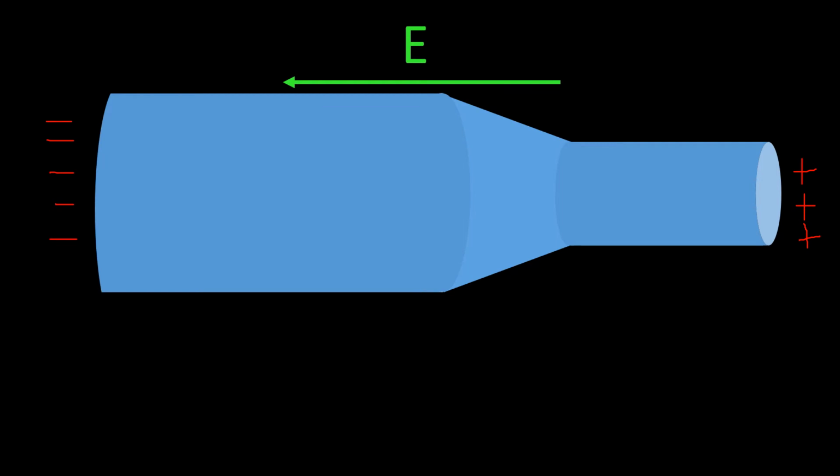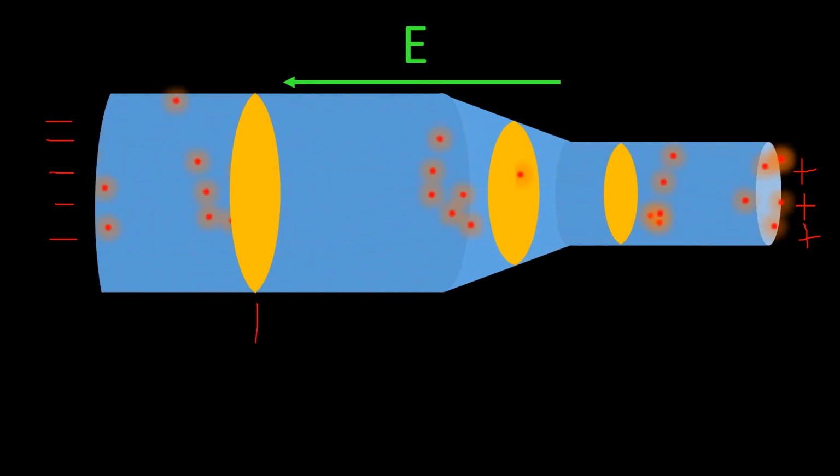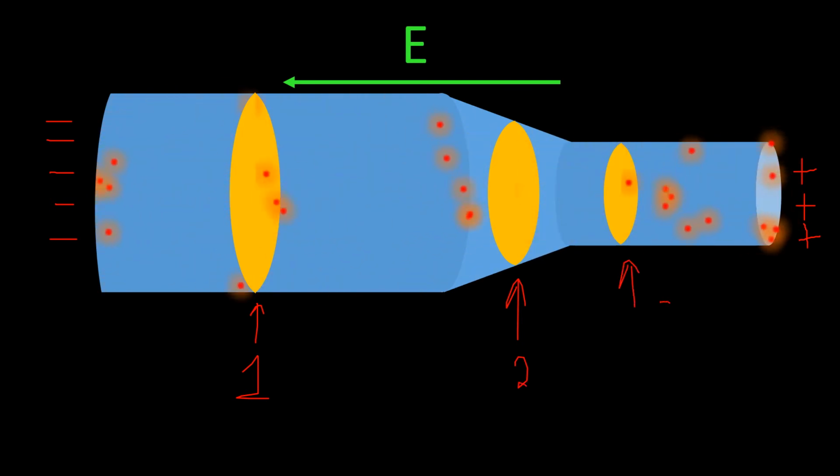What will happen the moment you switch on the power? You will have electrons going from left to right. And what if you try to find out current? Consider different cross sections, say this one is the first cross section, this the second one, and this the third cross-sectional area. For the first cross section, I will see how many electrons are passing per unit time, and I'll have some answer.